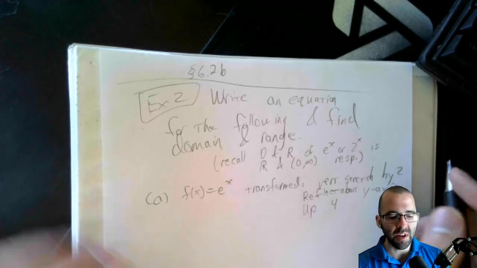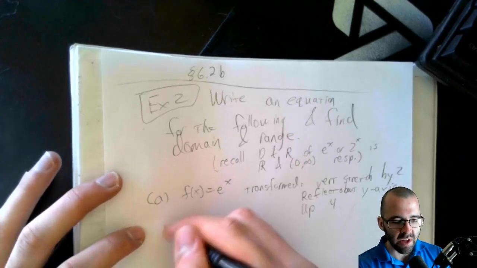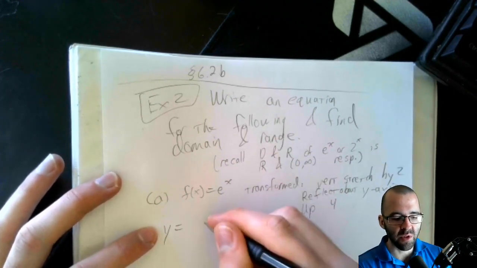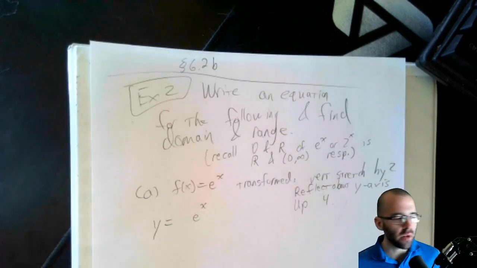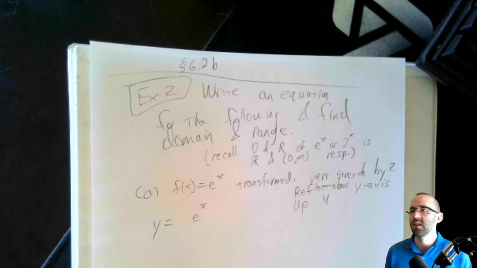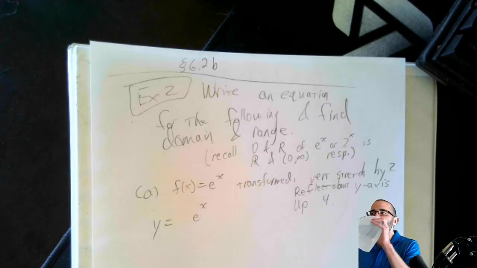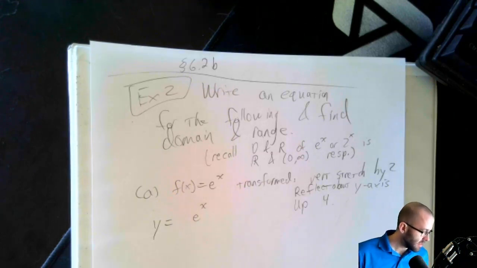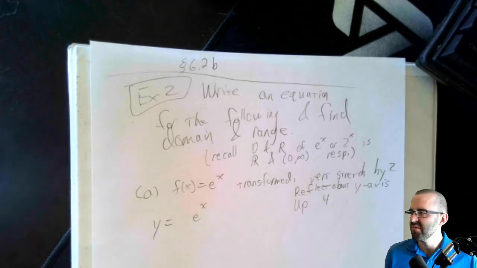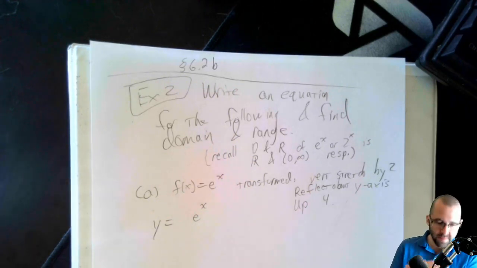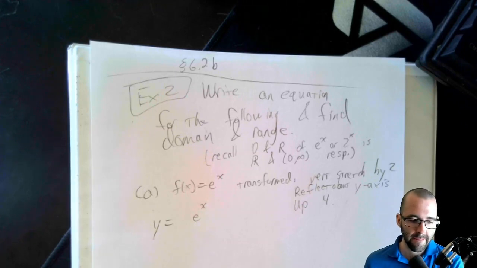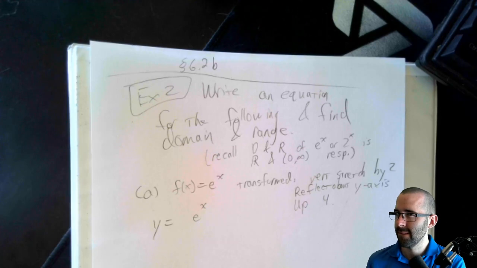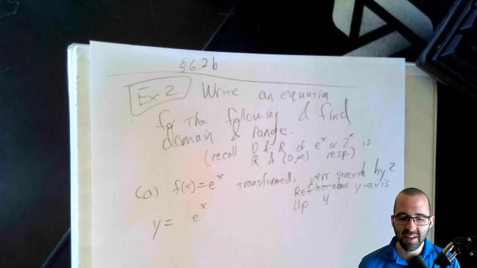What does a vertical stretch look like? We need an equation. What happens with the vertical stretch? Somebody tell me, what do we get for a vertical stretch by 2? Or any of these.